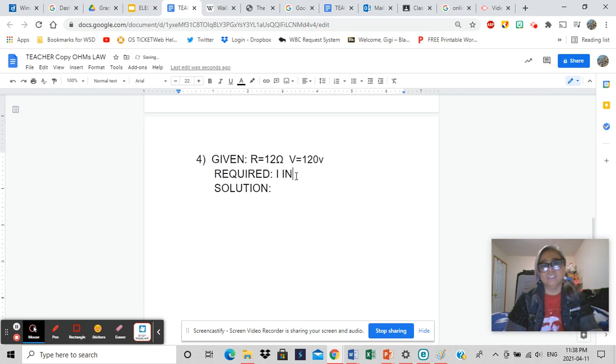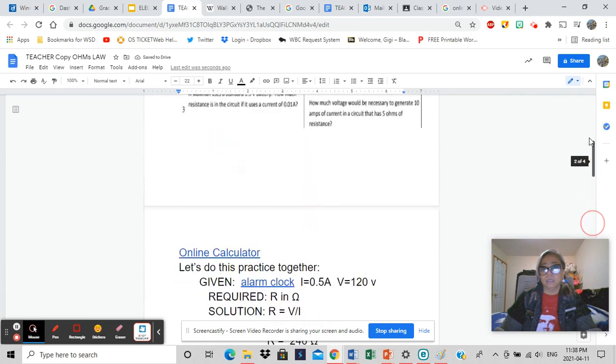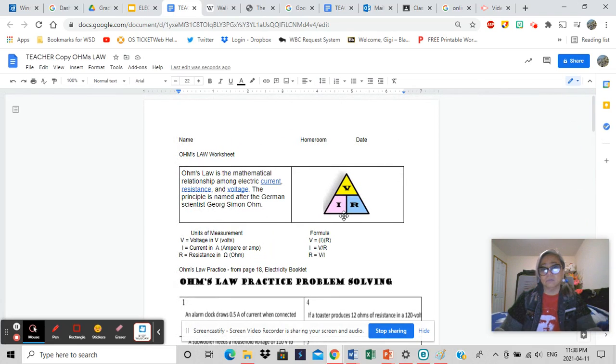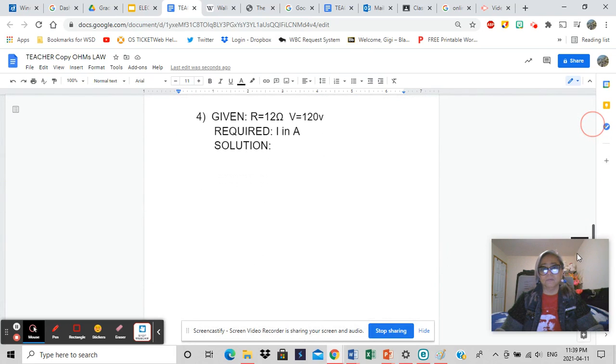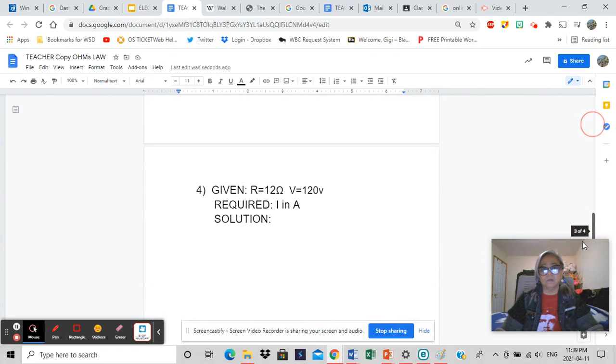So what's the unit of I or current? We usually use letter A or ampere. So how do I get the formula from the triangle? It's again just putting your hand over the I there so that you now have V divided by R. So I is V over R. So let me just copy this formula from the top of the worksheet or from the top of the Google slide.